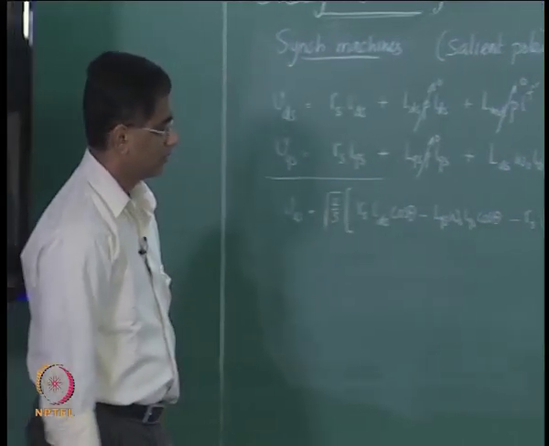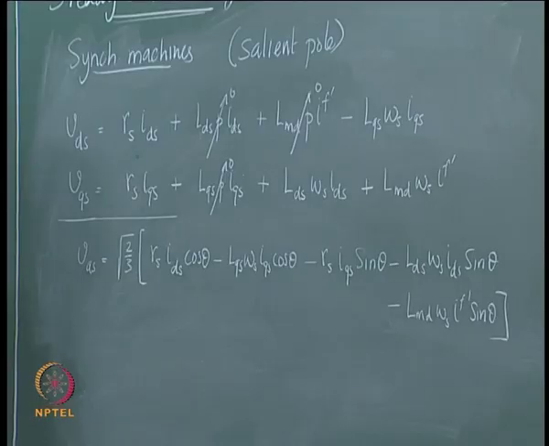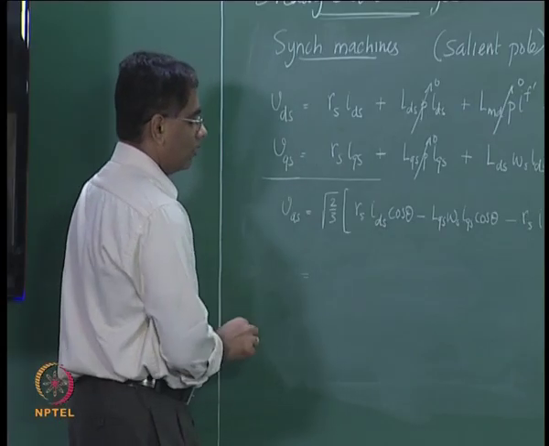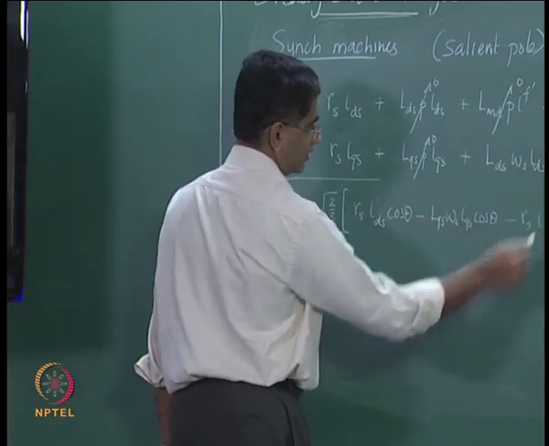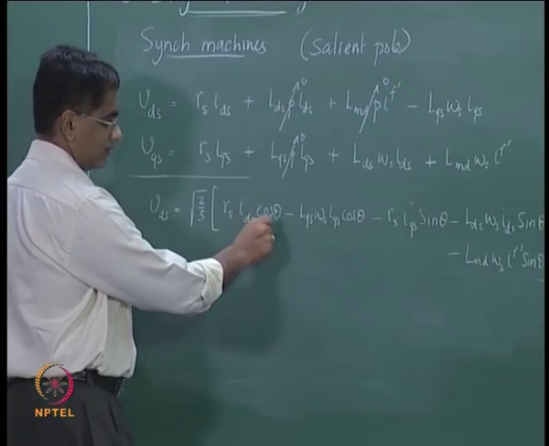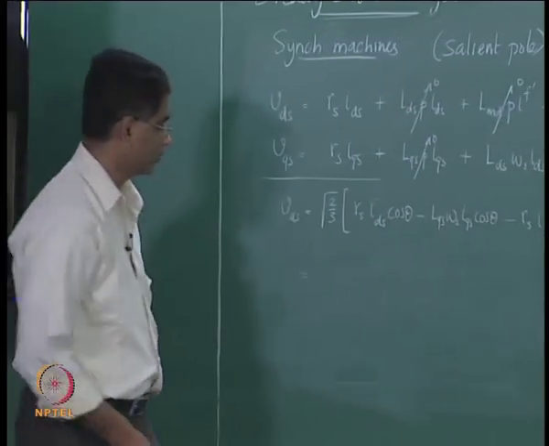Now again note that theta is equal to omega s into t, since the reference frame is the synchronous reference frame. And now you have an Rs term here and an Rs term here, and this is Ids cos theta minus Iqs sin theta multiplied by root 2 by 3.